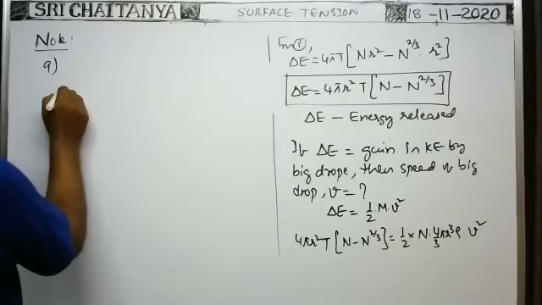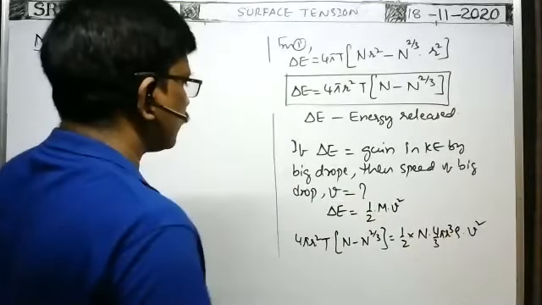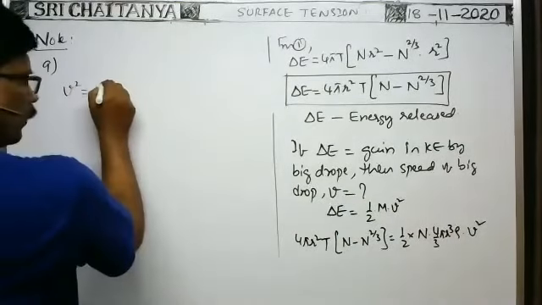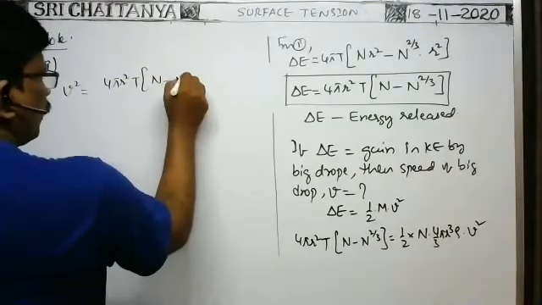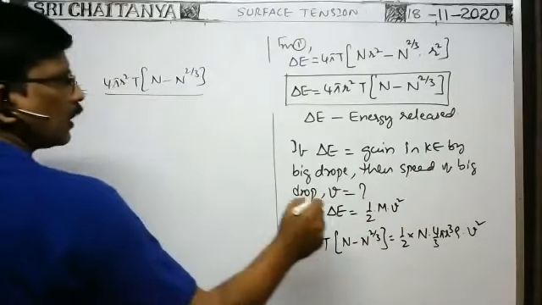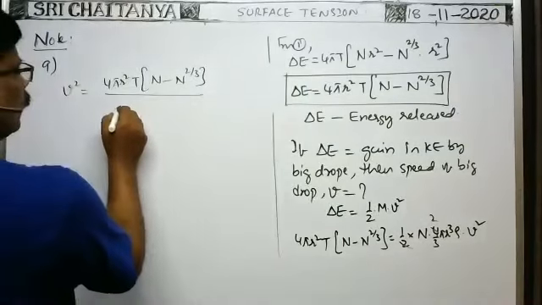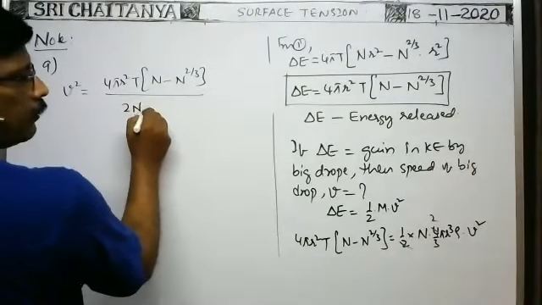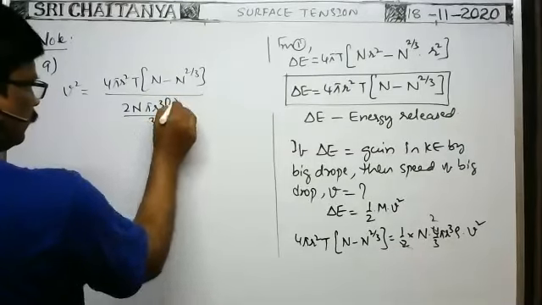So from that v square is equal to, you see, this by this, right? 4 pi r square T of n minus n to the power of 2 by 3, whole by this one. Of course, we can write 2 2s are 4, 2n pi r cube rho by 3 by 3.